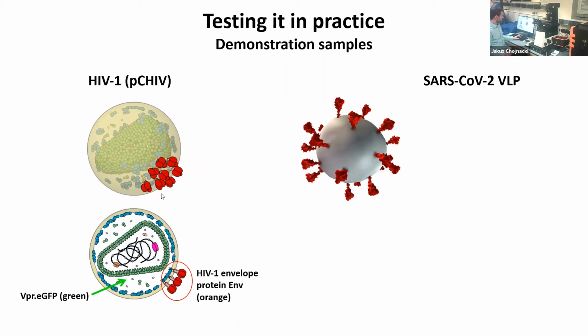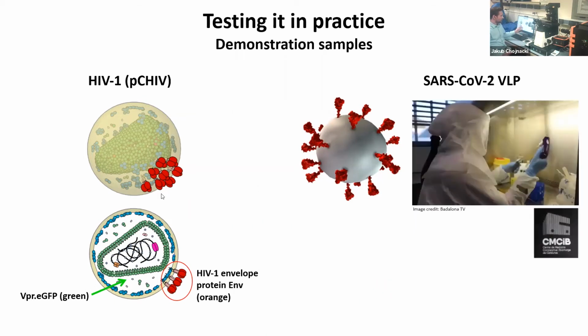If you were to study HIV and definitely SARS-CoV-2, we're talking about full viruses, we would need much more advanced safety precautions. And unfortunately, I wouldn't be able to be here with you today without all these advanced precautions to study those viruses. We are right now on a campus doing these studies, but for the purposes of this demonstration, I had to use so-called virus-like particles.